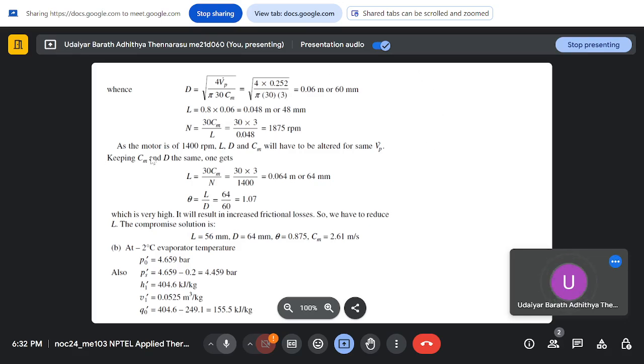Keeping Cm the same and D the same, one gets length as 30 into Cm by N, so length should be 64 mm. So your length to bore diameter ratio is 1.07 instead of 0.8, which is very high. It results in increased friction losses, so we have to reduce L. The compromise solution is to take L as 56 mm and reduce the piston speed to 2.61 meters per second.